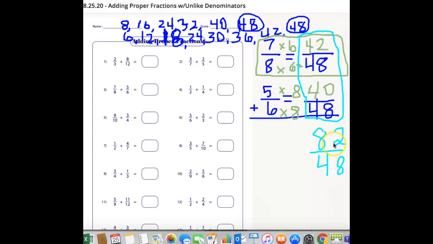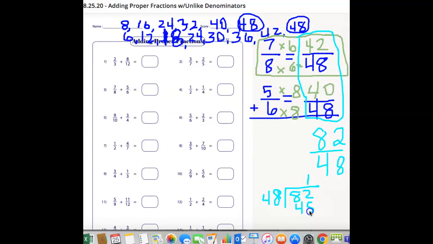This is an improper fraction because the numerator is bigger than the denominator. So that's a division problem. 82 divided by 48. So 82 divided by 48. 48 will go into 82 one time.